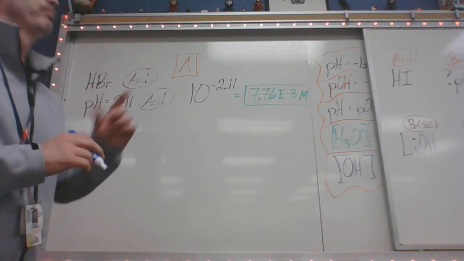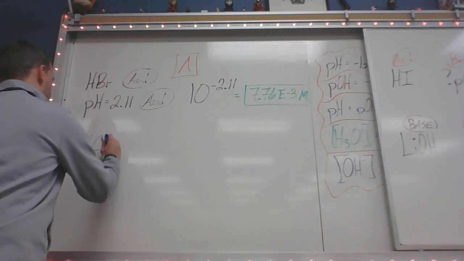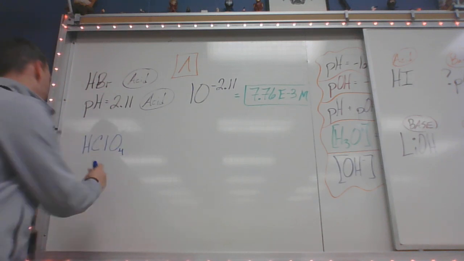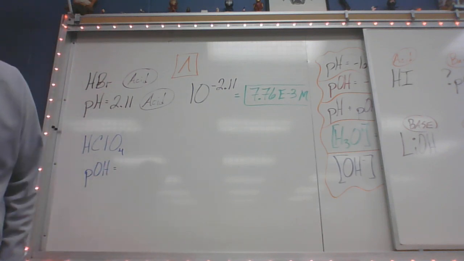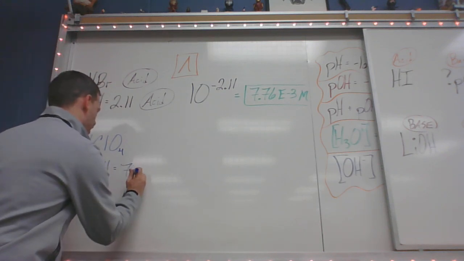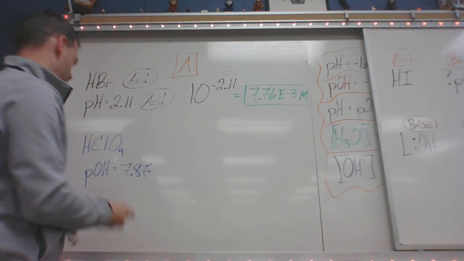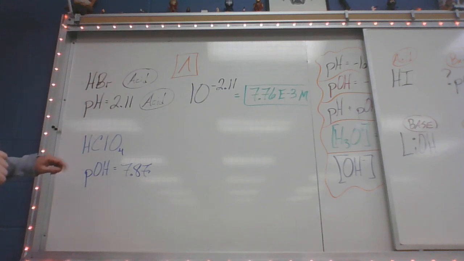In our last problem, it gives me HClO4, and it gives a pOH of 7.87. Acid or base?